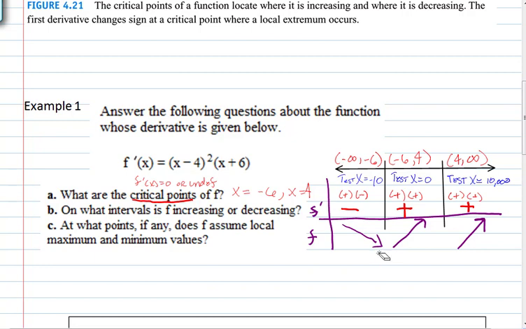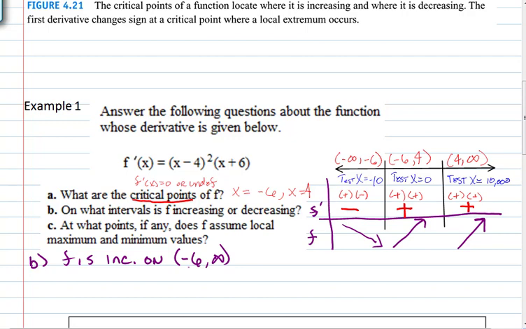Alright, so to answer part B to this, we use this chart here. It says on what intervals is f increasing or decreasing? To answer B, f is increasing on the intervals that go from negative 6 to, I guess we could say from negative 6 to infinity.